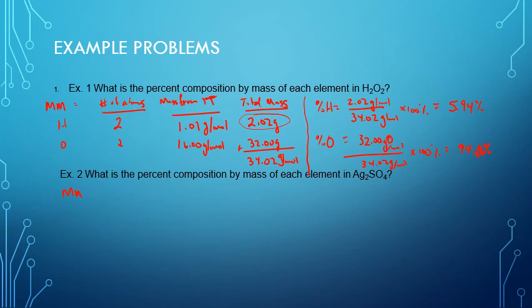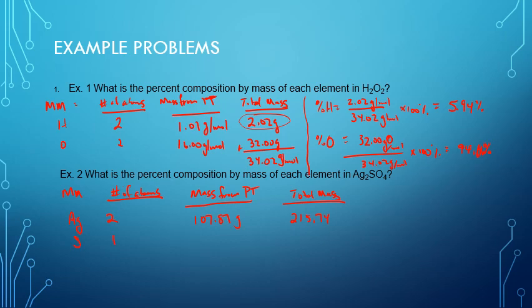I'll do my little chart here again: number of atoms, our mass from the periodic table, and finally our total mass for the compound. So for silver, again I have 2 atoms, 107.87 grams, so that'll give us a total mass of 215.74.